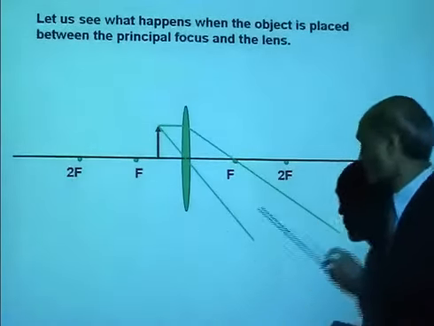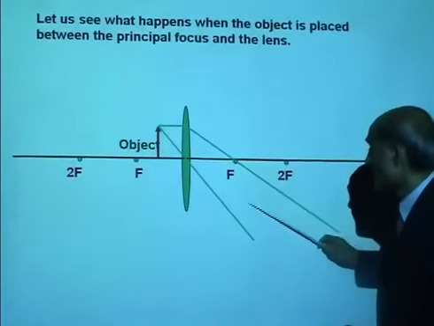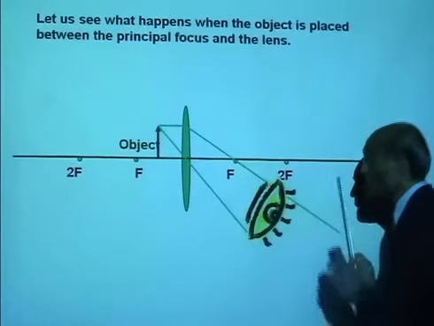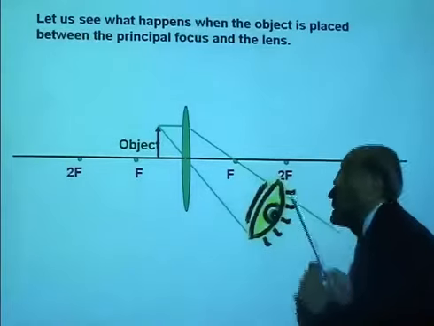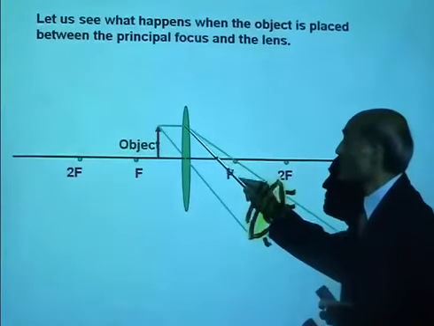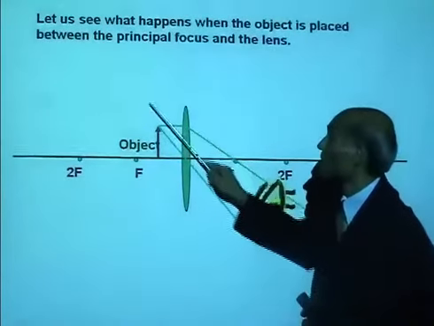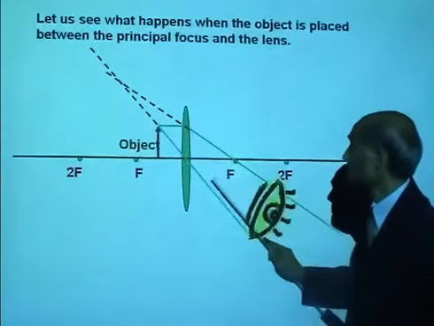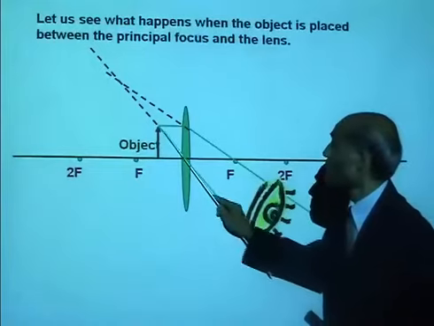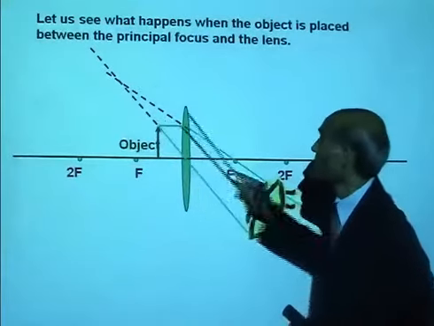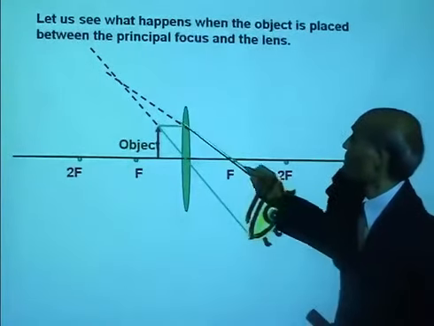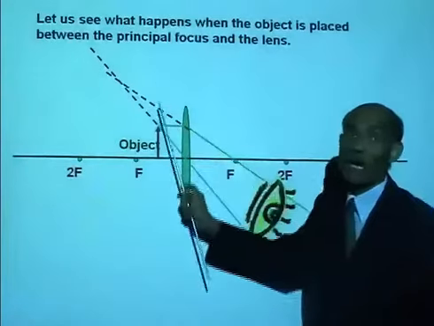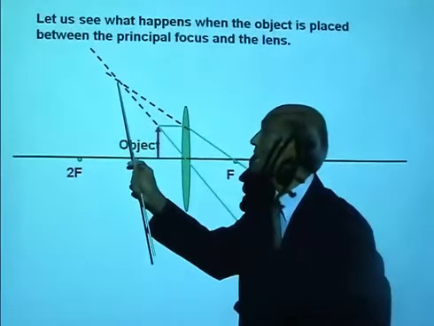But if you keep your eye here, and look from here, these light rays will appear to be coming from somewhere here. You see, this refracted ray will appear to be coming from there, and this will be appearing to come from there, and they too meet here.